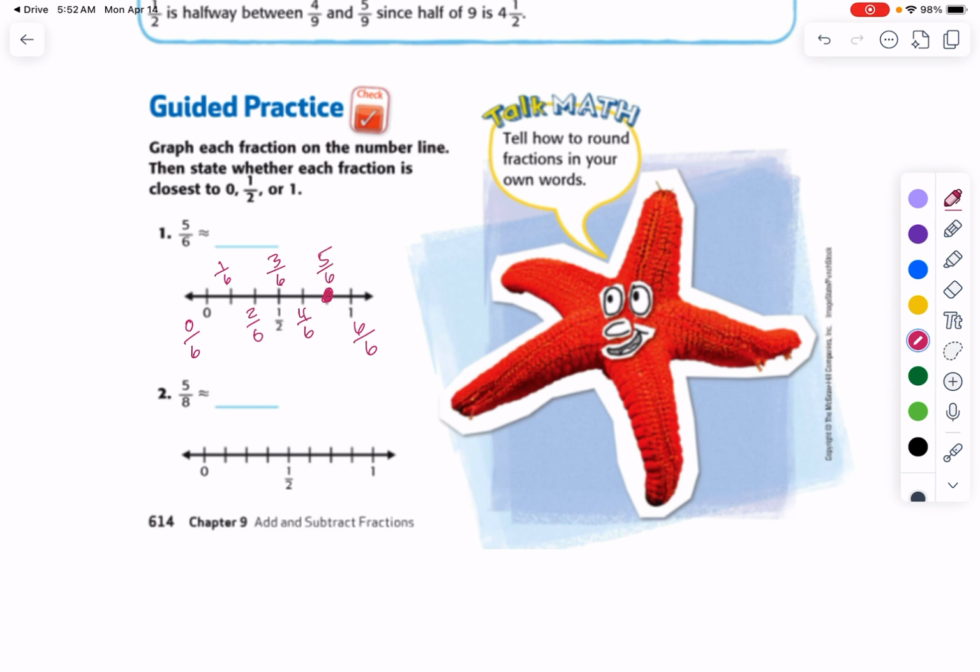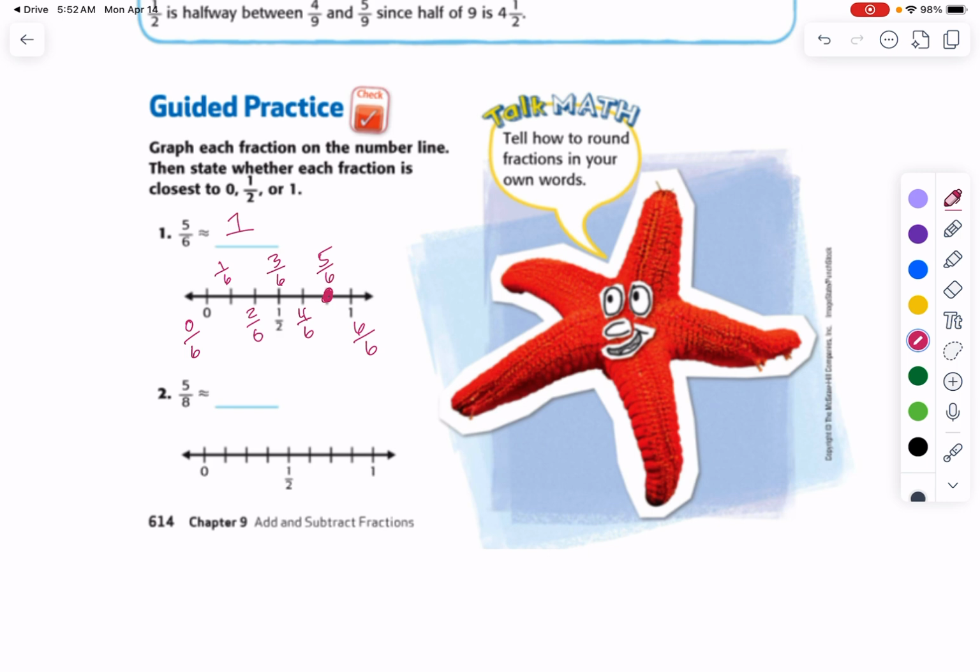5 sixths. So what do you think? Is 5 sixths closer to 1 whole or 6 sixths, or is it closer to 1/2? Well, it is 1 hop away from 1 whole and 2 hops away from 1/2. So clearly 5 sixths is about the same or congruent to 1 whole, also known as 6 sixths.